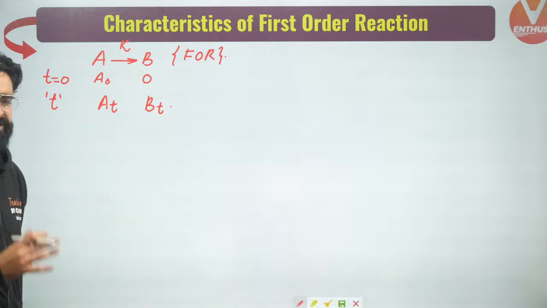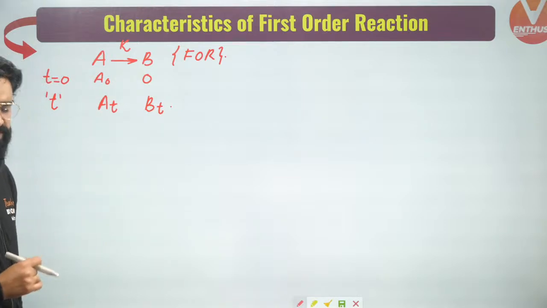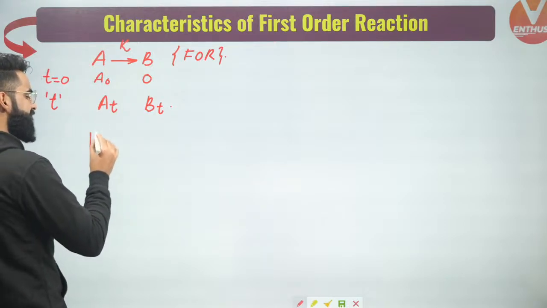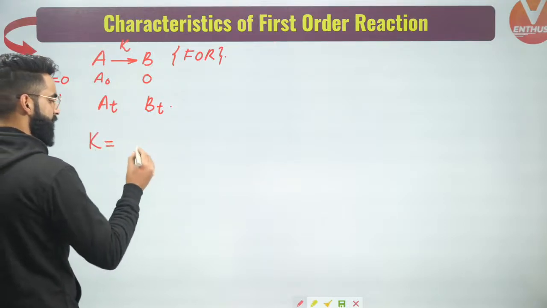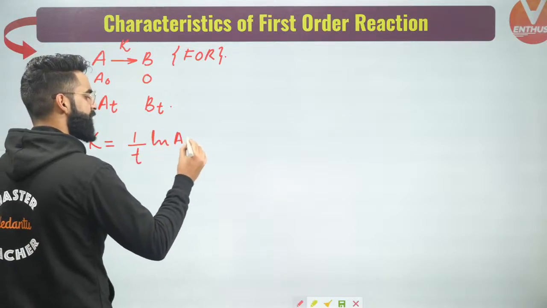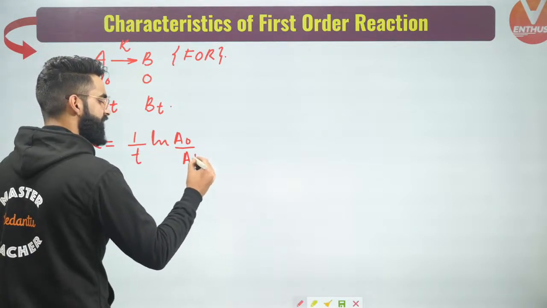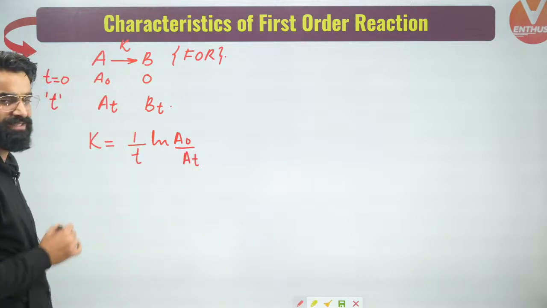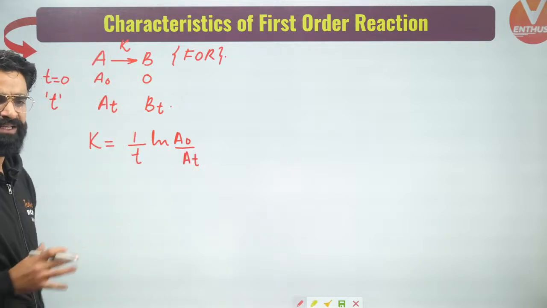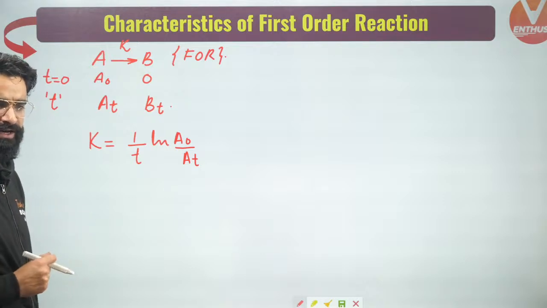Now if I use the integrated rate equation for the first order reaction, how is it going to be? It's simple, guys. I can write K, the rate constant, is equal to 1 divided by t ln of A naught divided by At, initial concentration divided by final concentration of reactant at time t, correct? This is how I'll be writing the integrated rate equation for the first order reaction.